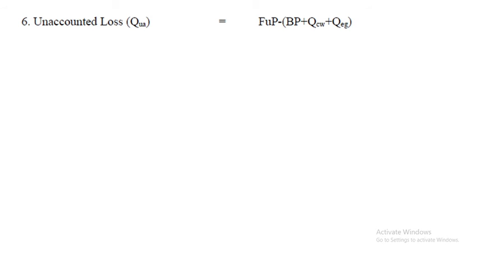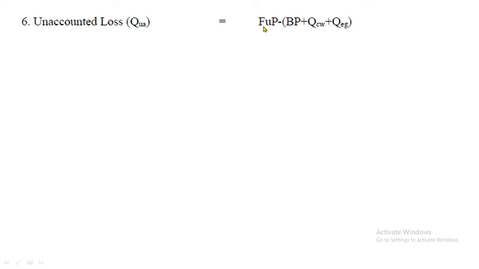From the calorific value of the fuel we know the fuel power that can be produced. And finally we got some useful work output as brake power. Some heat has been carried away by cooling water, and part of the heat has been carried away by exhaust gas. So what about the remaining?